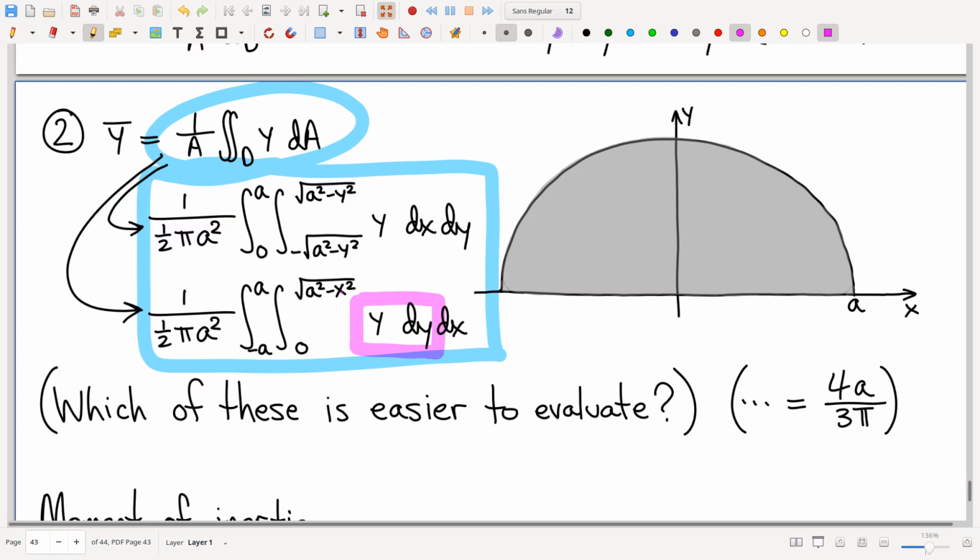The one on top is not that bad. It just ends up being a u substitution, but still, all else being equal, I think the second one's nicer. Everybody okay with that? So that's just another thing to be on the lookout for if you want to streamline your life. You want your computational life to be as convenient as possible.